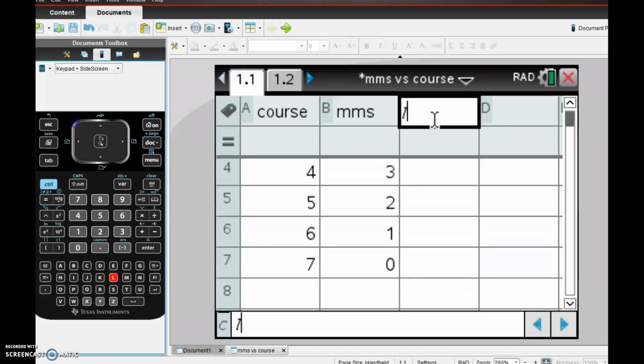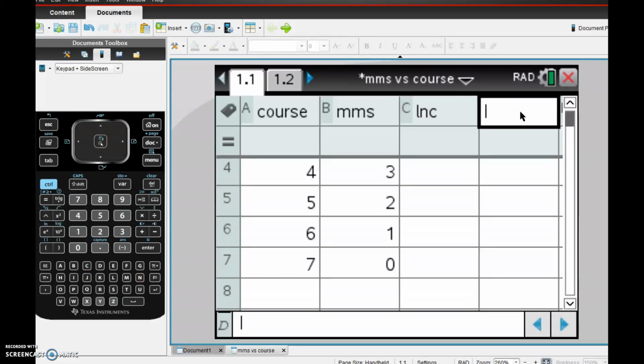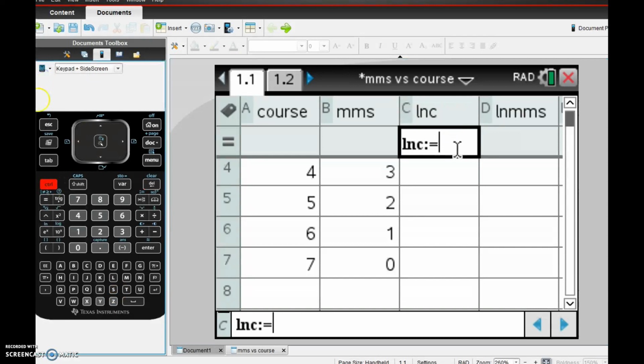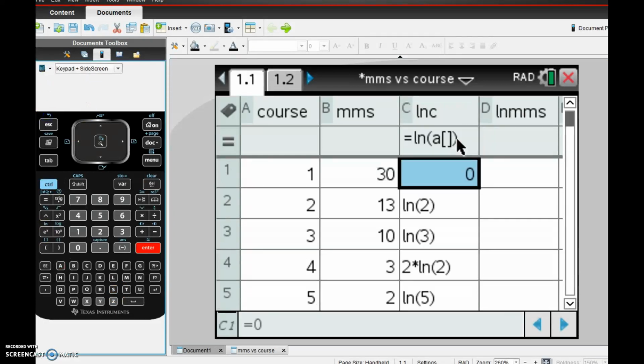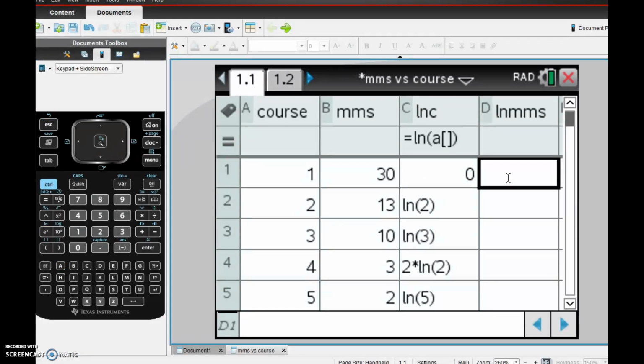Let's take the natural log of course and the natural log of the M&Ms. So this would be the natural log of column A. This would be the natural log of column B. Oops, not there.